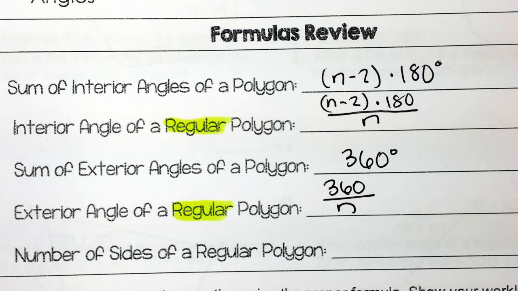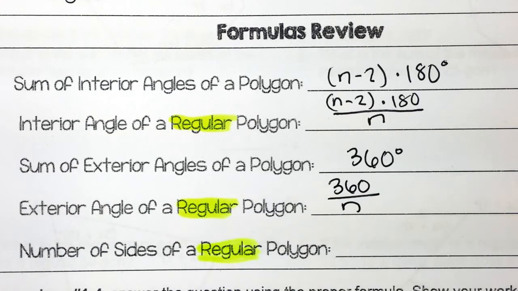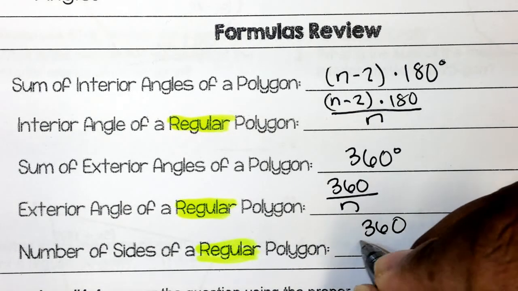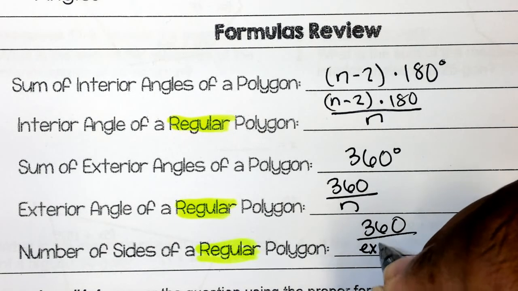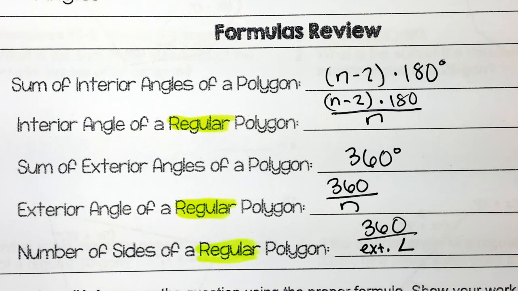And then the last one, say if I wanted to know the number of sides of a regular polygon and they gave me the angle, I'm going to do 360 divided by the exterior angle. Make sure it's the exterior angle too. The interior angle ain't going to help you find that. Alright.